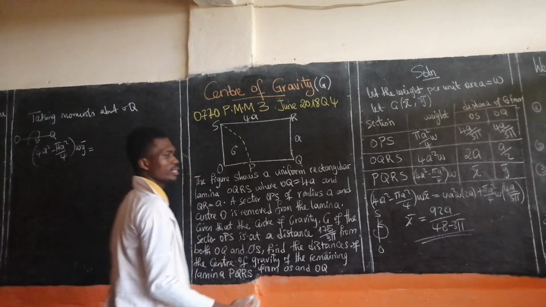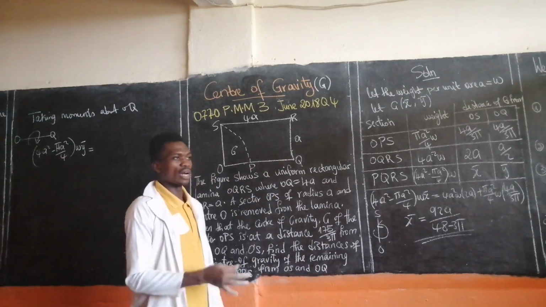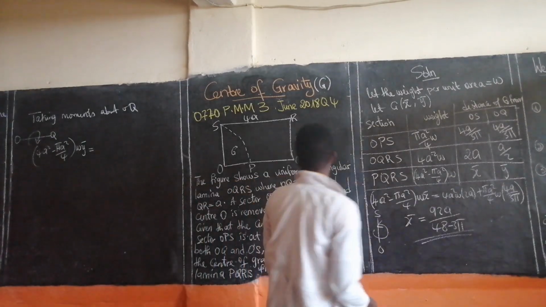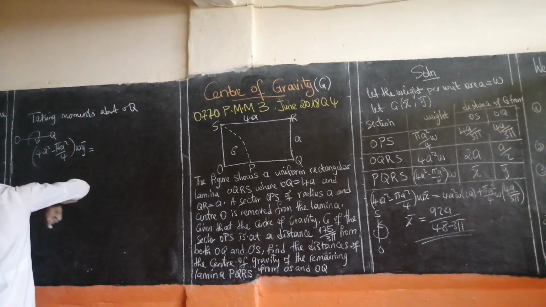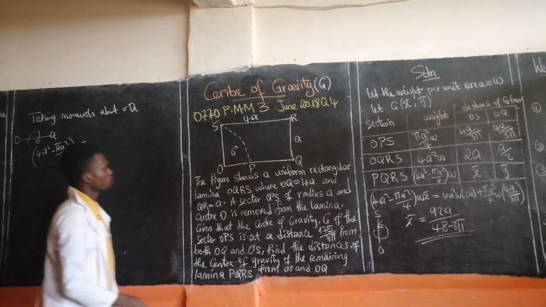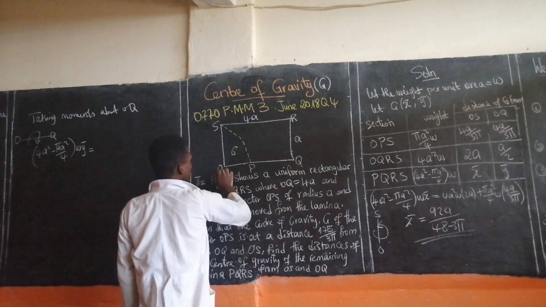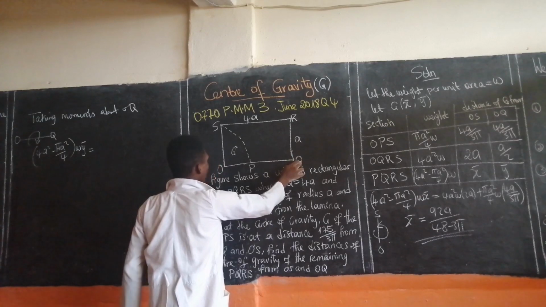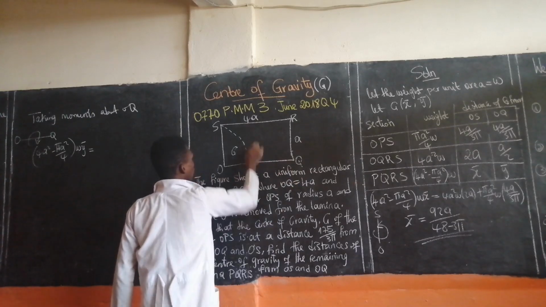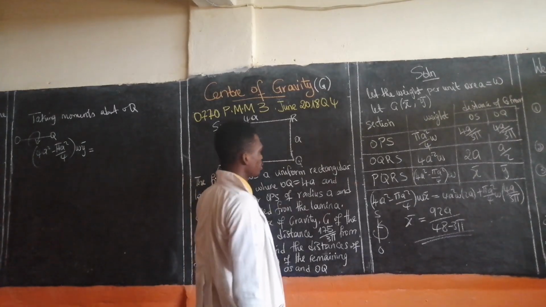This principle of moments states that the moment of a force is the magnitude of the force times the perpendicular distance from the axis. So for example, OQ is our axis here, and the distance from OQ is the y distance. That's why we use the y coordinate of the center of gravity.